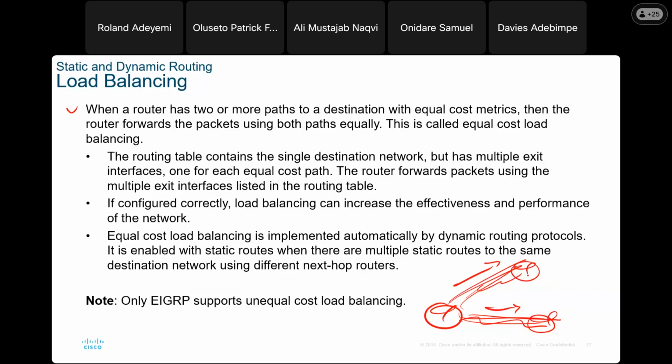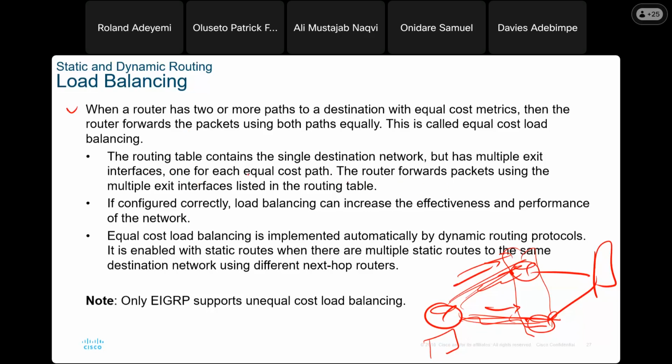So it will say, okay, to get to this particular destination, I can pass here, I can pass here. If the cost is the same based on speed, it will put both exits, rather, the two next hops, in its routing table, and it can begin to load balance between the two routers. So the routing table contains a single destination network but has multiple exit interfaces, one for each equal cost path.